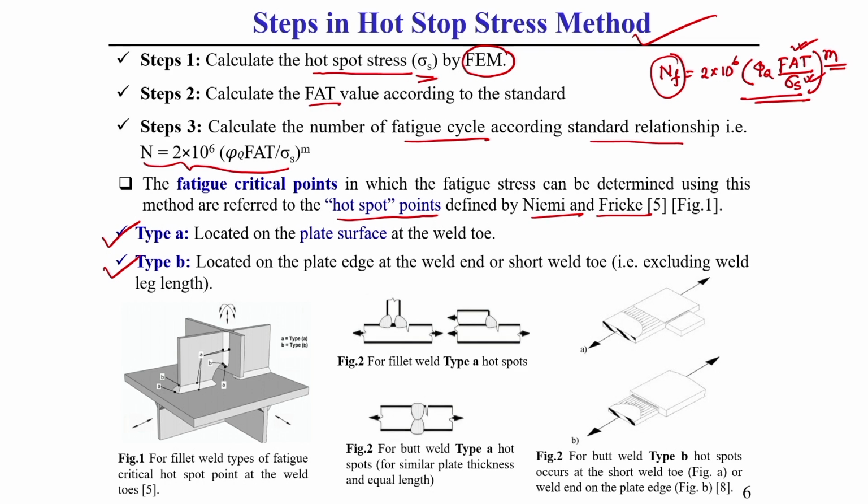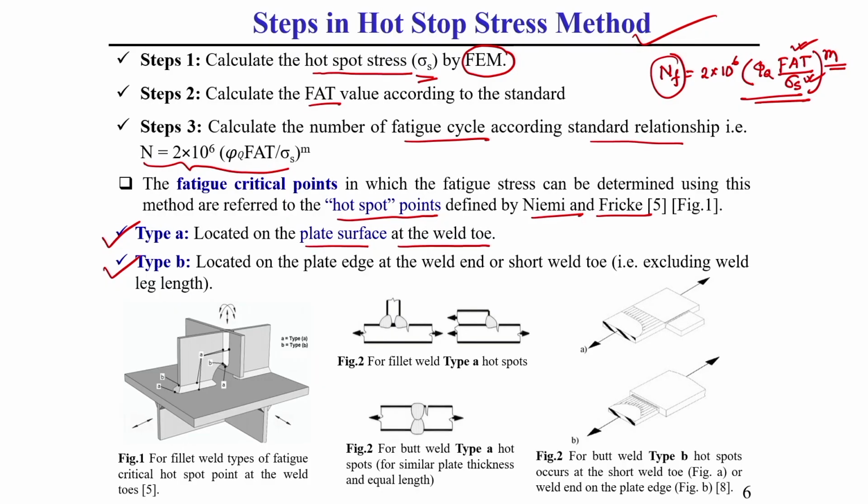Generally type A, this critical point is located on the plate surface at the weld toe. So, if the weld toe is at the plate surface, in that location we need to calculate the type A hotspot stress.